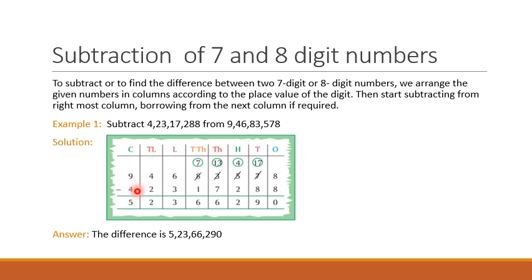And 9 minus 4 is equal to 5. So in these columns, I didn't need any borrowing. So finally, the difference is 5 crore 23 lakh 66,290. So in this way, we subtract large numbers.